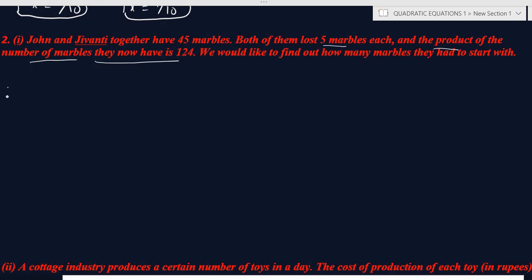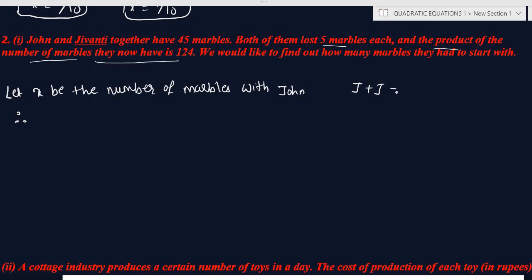Let x be the number of marbles with John. Therefore, John and Jeevanti together are having 45. If John is having x number of marbles, then Jeevanti should be having how much?